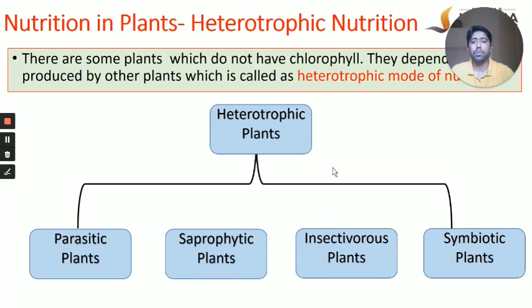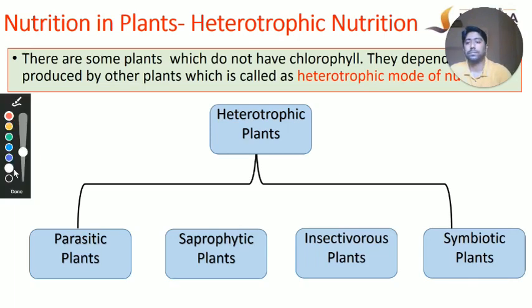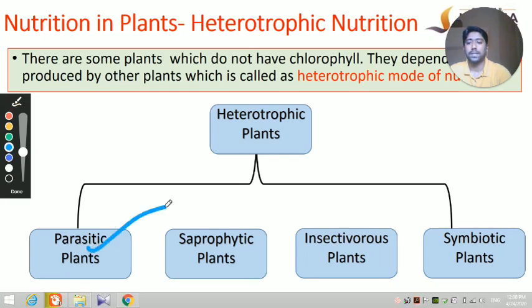Now the heterotrophic plants are divided into four subtypes. You can see parasitic plants, saprophytic plants, insectivorous plants and symbiotic plants.